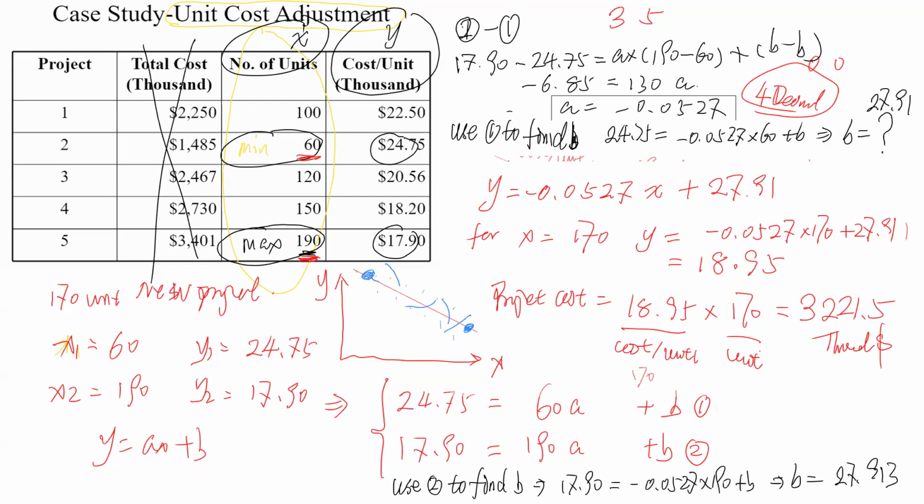Can you put in this 190 and see if you can get this? Yeah. Put in 185. You get 1790, right? It's very close to it. So if you put in 190, you get this one. If you put in 185, you probably get a number that should be more than this. 185 is more than this.